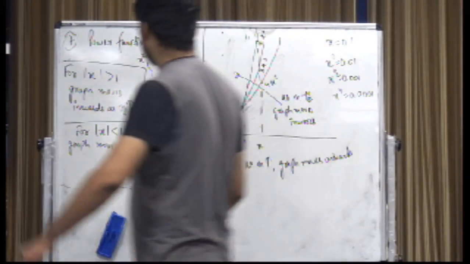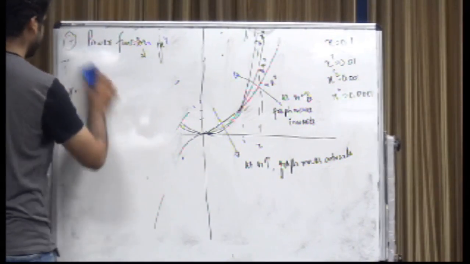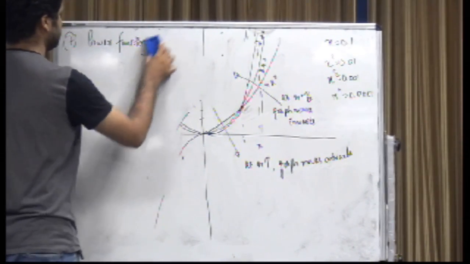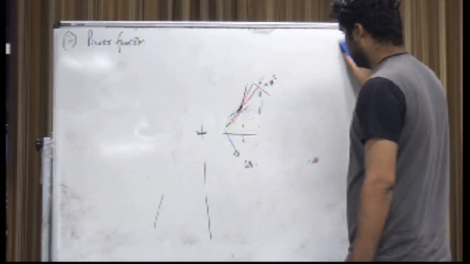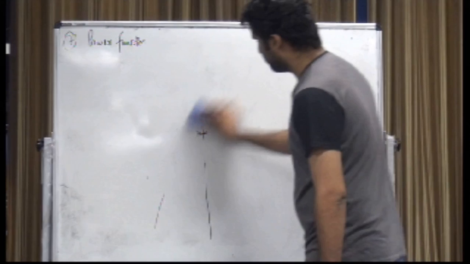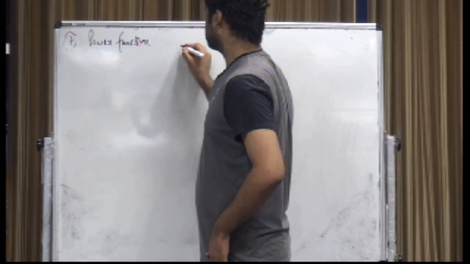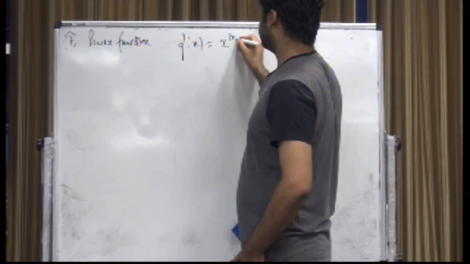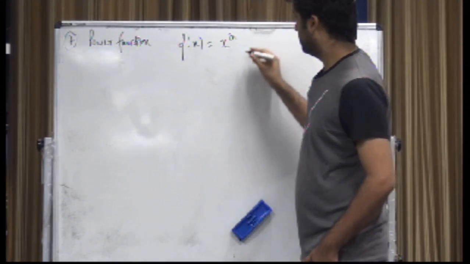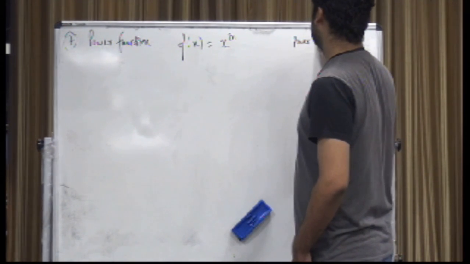So we can say that the power function can actually be of two types. First one is f(x) is equal to x to the power 2n, and another one is f(x) is equal to x to the power 2n plus 1. So first is f(x) is equal to x to the power 2n. This is when the power is even.